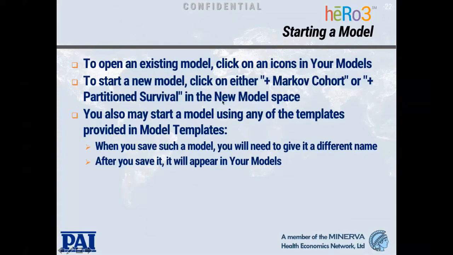So you just click the kind of model you want to create. Also, we have a number of predefined templates which exemplify certain kinds of model structures or certain types of functionality. If you want to work with those, you can just go into the template panel and open any one of those. And just to quickly go back to heRo to show you that.